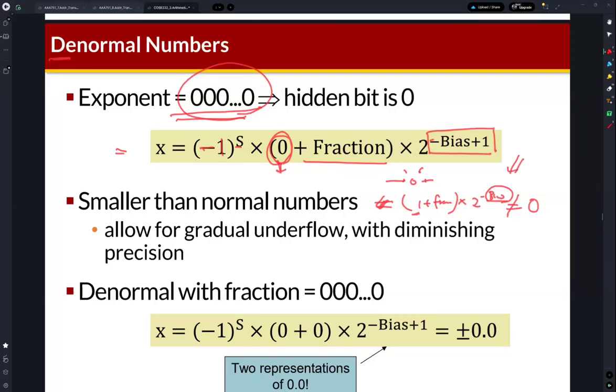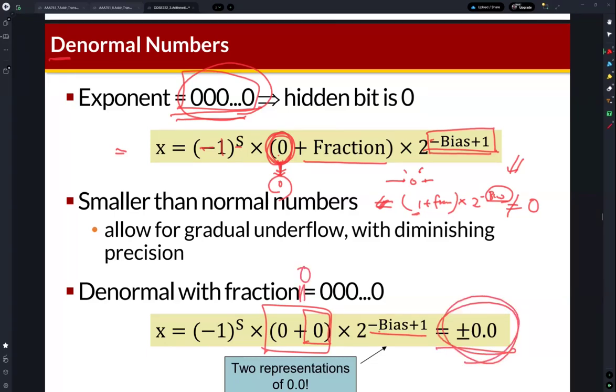So if the exponents are all zeros, then this 1 changes to 0, and this becomes minus bias plus 1. Okay, then we can represent 0. If all the fraction bits are 0, then the number is 0.